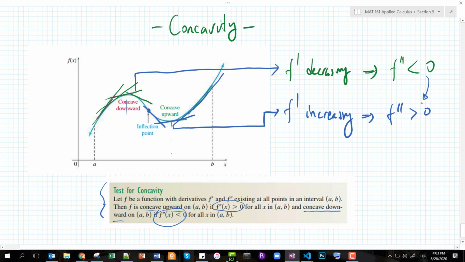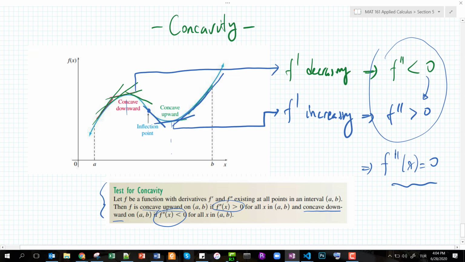And when you pass this inflection point, your second derivative will be 0. But there is no guarantee for any function. If you have the second derivative equal to 0, we cannot call that point the inflection point. The reason is that you need to have this passing from negative to positive.